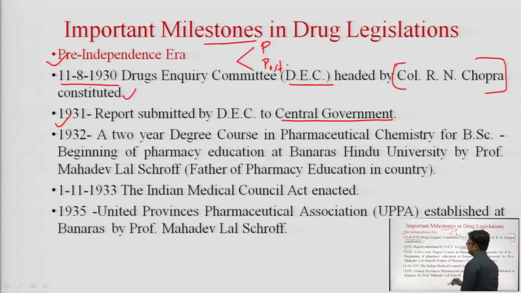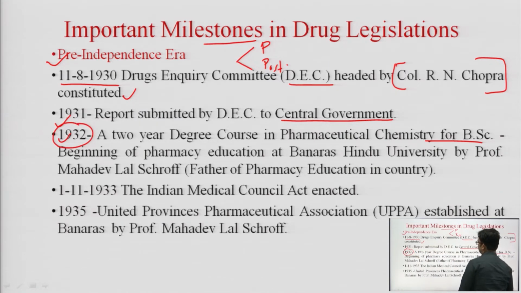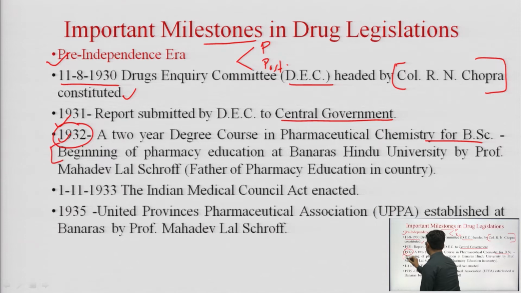In 1932, a 2-year degree course in pharmaceutical chemistry for BSc was introduced. So in 1932 there was a need for a 2-year degree course in pharmaceutical chemistry for BSc students, and this was the beginning of pharmacy education.